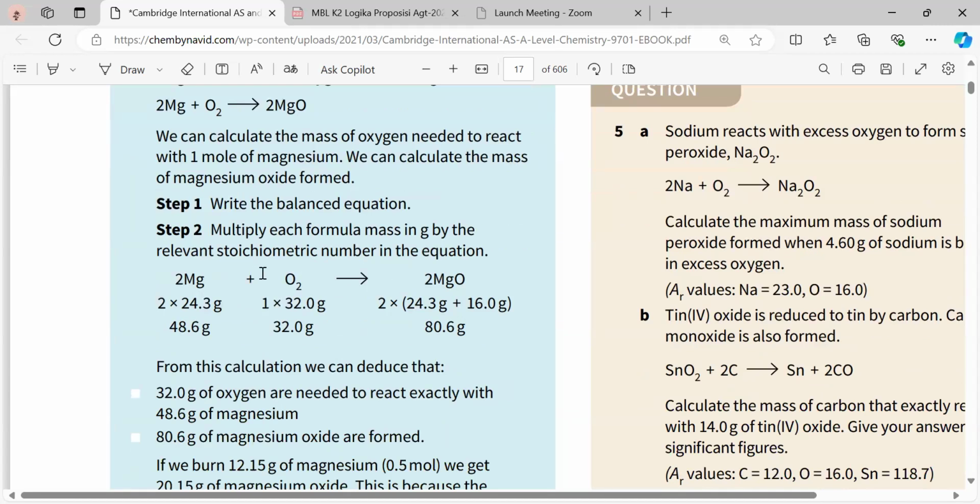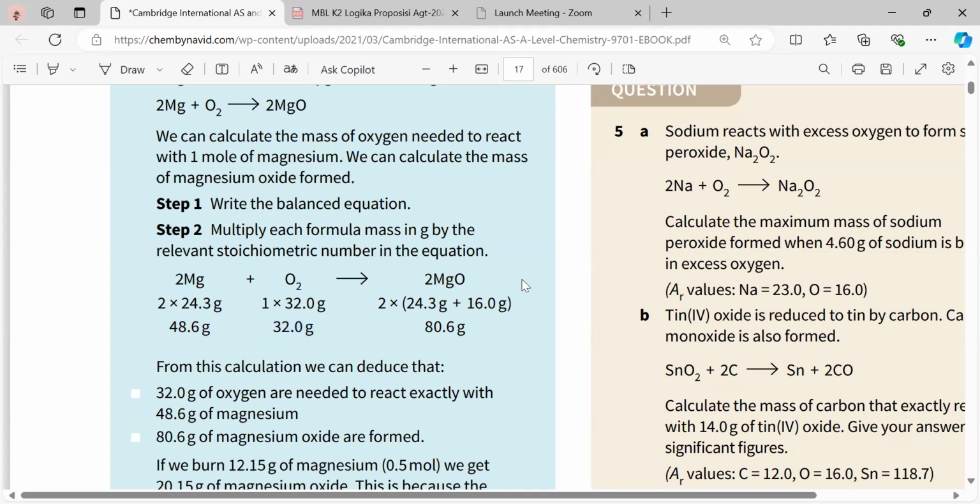Magnesium has an Ar of 24.3, and since we have 2, we multiply by 2: 2 times 24.3 grams gives 48.6. For O2, 16 is the Ar of oxygen, and since it has 2, it is multiplied by 2, so we get 32.